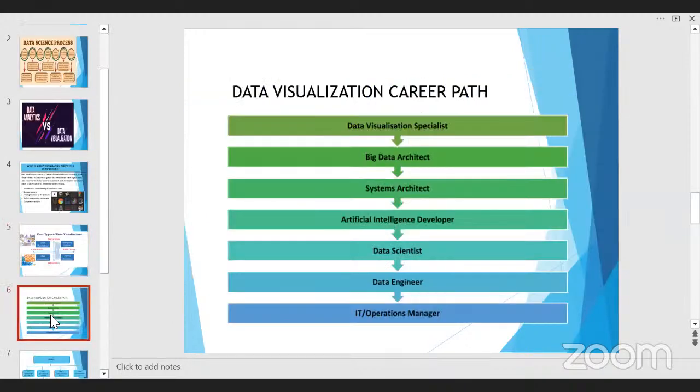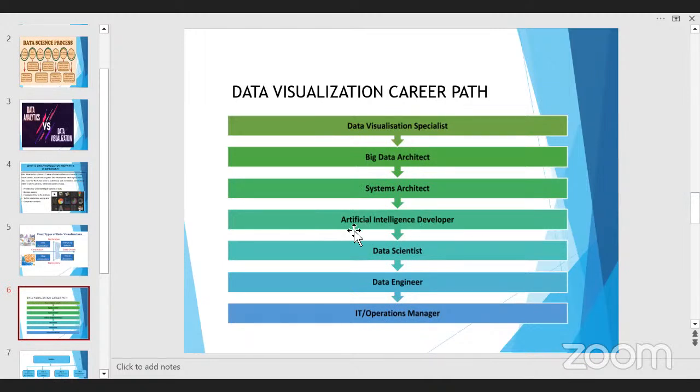Now, the career options available in data science are known to almost all of us. But still, to put things into perspective, the various things that one can do with sound knowledge of data science: they can become data visualization specialists, a big data architect, or a systems architect.